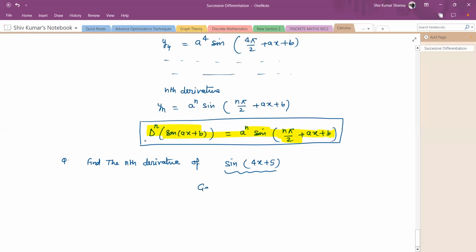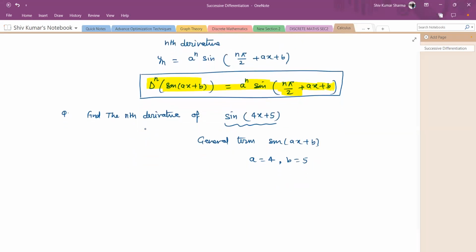Our general term is sin(ax+b). So here a is equal to 4, the coefficient of x, and b is equal to 5.